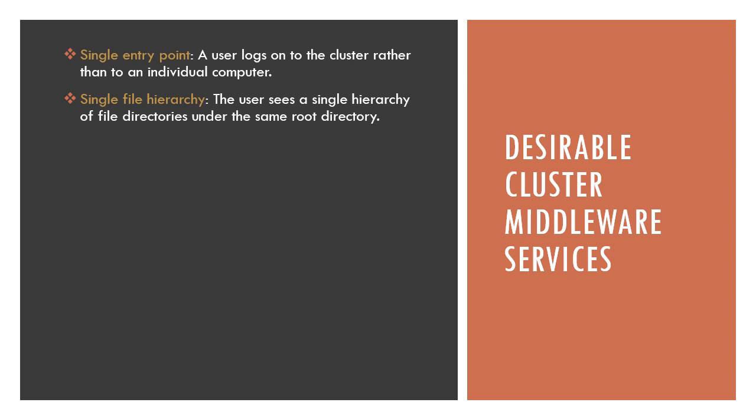In computer 3, inside drive C, there is a subdirectory named Hina. But the cluster shows its users a single C drive that contains three subdirectories, Uruj, Ali, and Hina. This is a unified file tree.